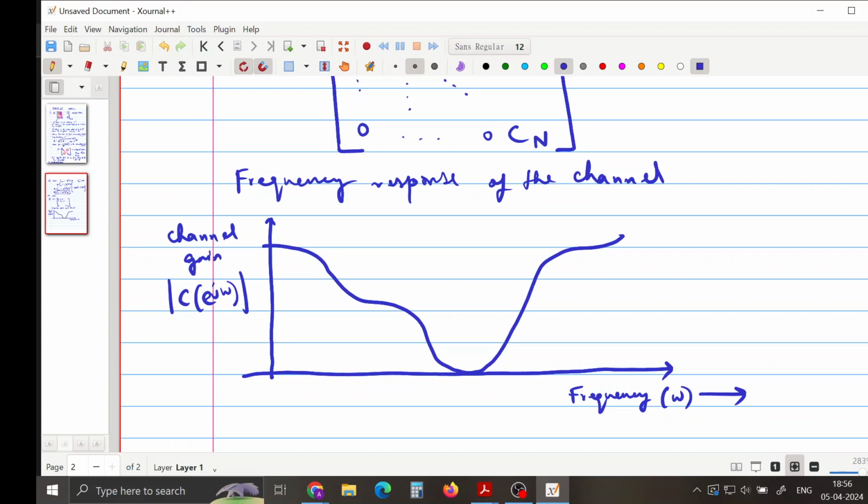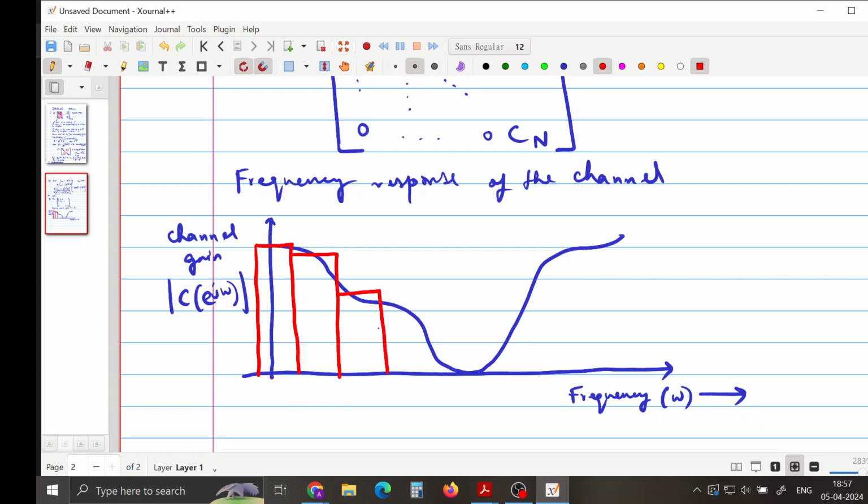Now what we do is we break down the channel into subchannels, right? So let's say this is one subchannel like this. Then we have another subchannel like this. It's not drawn to scale, but I hope you get the idea.